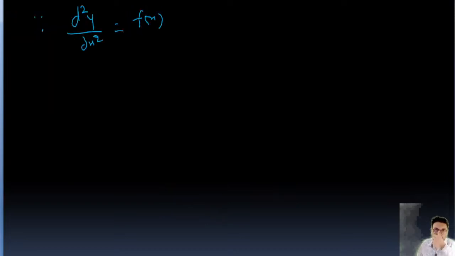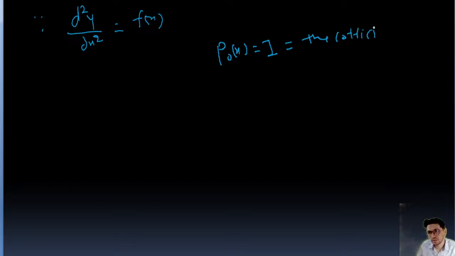Here we first check that p naught x must be 1. p naught x means the coefficient of d2y over dx squared, which we can see is 1, so that must be equal to 1. Then we will use the trick, guys.